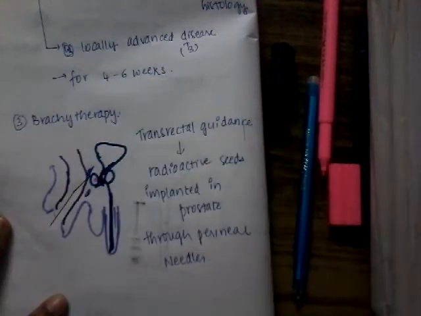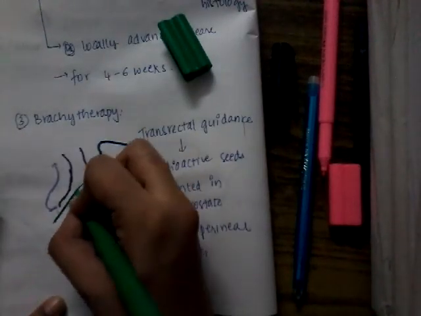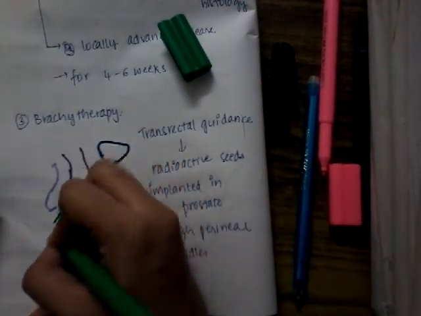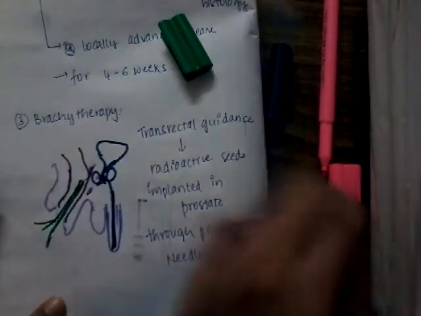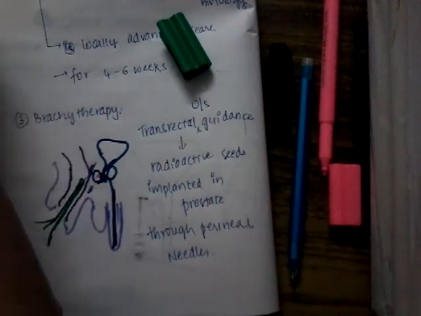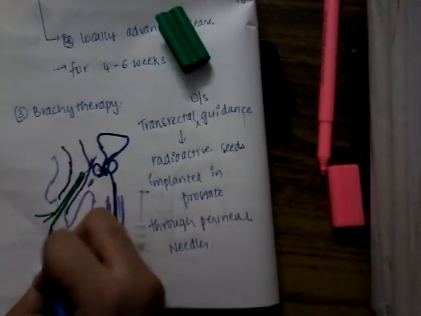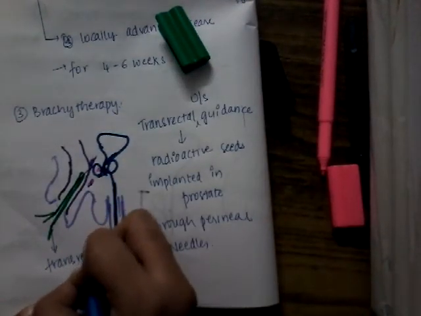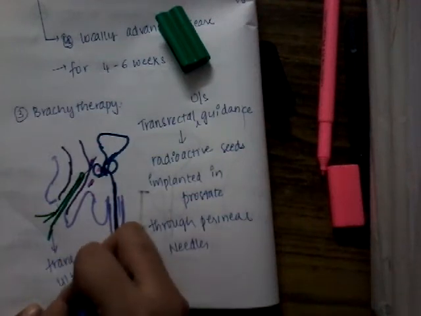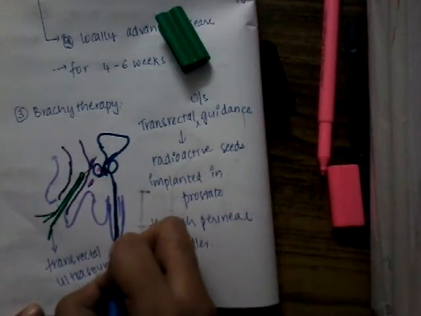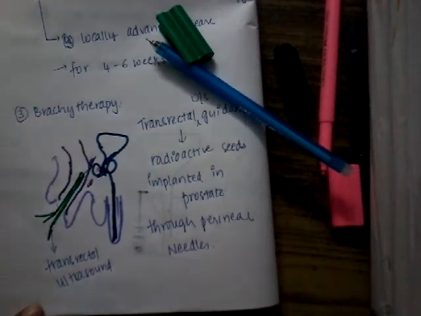What we generally do is, we will first, through transrectal, keep a probe, and we do an ultrasound first. Transrectal ultrasound. And how do we implant it? We keep perineal needles.